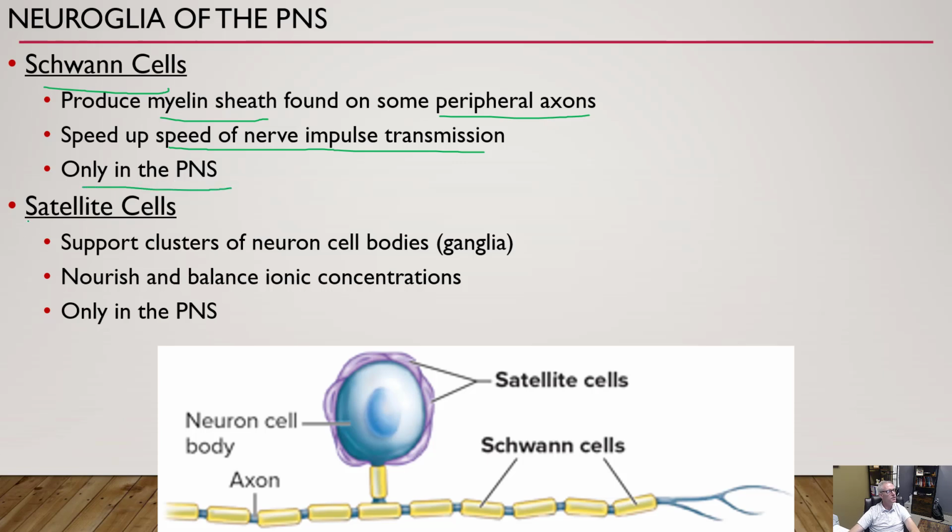We also have these things called satellite cells. Satellite cells actually support ganglia. We talked about ganglia and gave you the definition: clusters of neuronal cell bodies within the peripheral nervous system. Their function is basically to nourish the neurons within the peripheral nervous system and help maintain the ionic concentration.